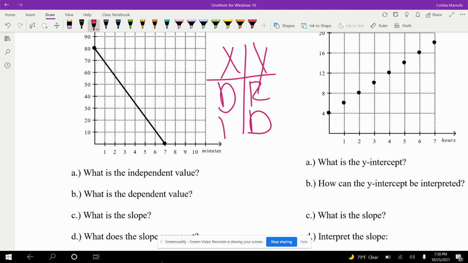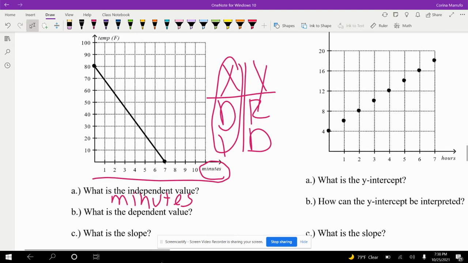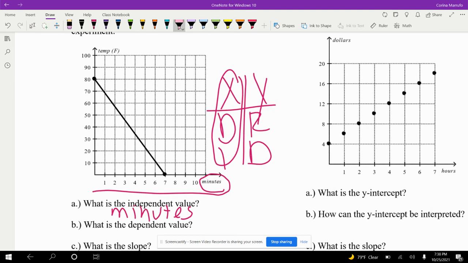So independent is my X value. Here's my X axis. That means my independent is minutes. And then my dependent variable here, if I look at my Y value, is temperature. So here I'm going to put temperature, and it's in F, which means Fahrenheit.